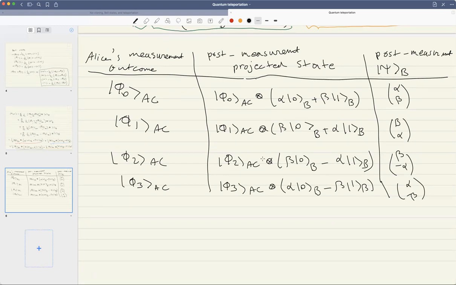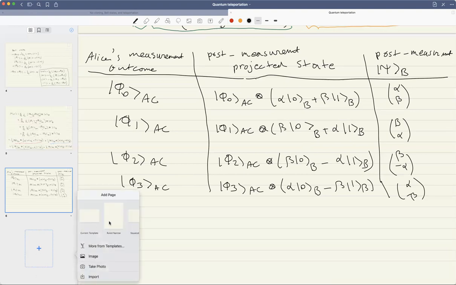Alice now needs to make a phone call to Bob and tell him, hey Bob, I performed this measurement and I found phi 1, or I found phi 3 or phi 2. And then after this information is passed to Bob, which cannot travel faster than the speed of light, Bob knows which state he has. Then he knows how to transform that state to alpha beta.